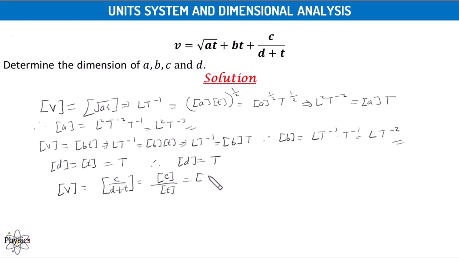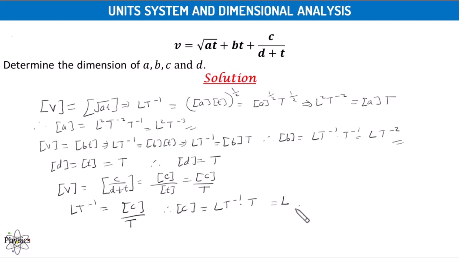Then we have the dimension of C over the dimension of T, which is T. Then we know the dimension of this, which is LT minus 1, which is velocity, equals the dimension of C over T. If we cross multiply, we can say therefore the dimension of C is going to be LT minus 1 multiplied by T. If we cross multiply, we are left with L.